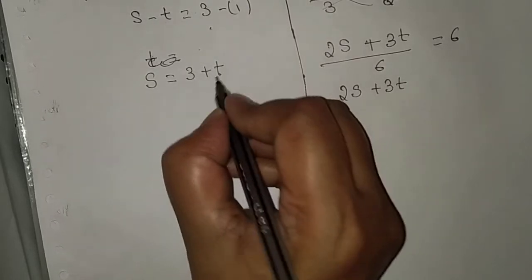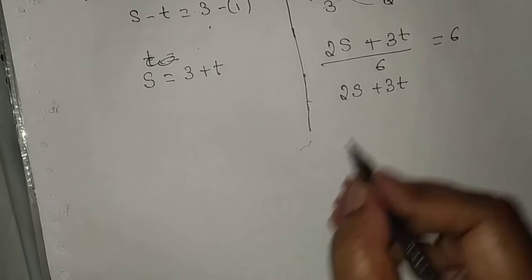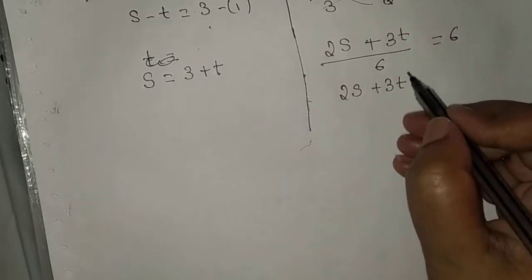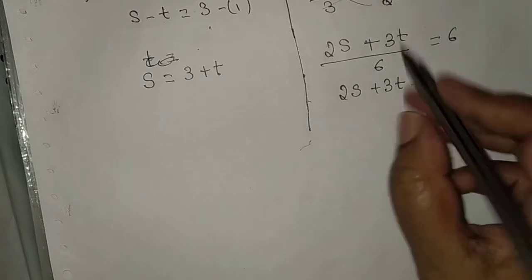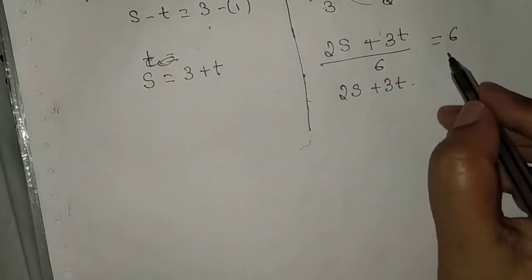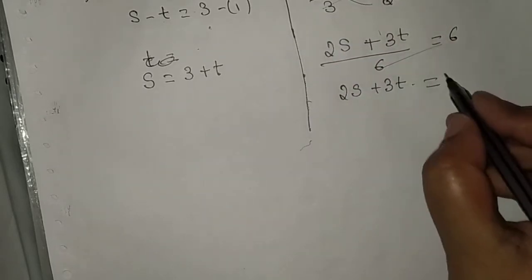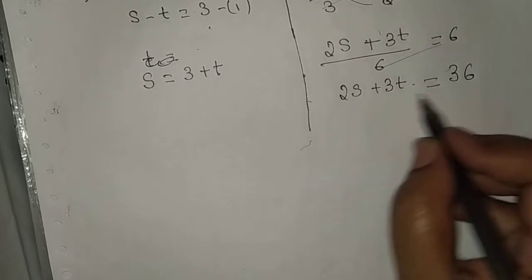Now simplify the second equation. Finding the LCM, after cross multiplying we get 2s plus 3t is equal to 36.